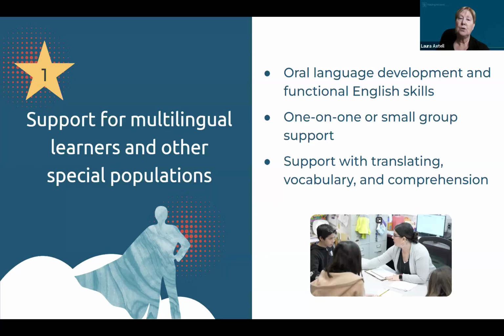One is just oral language development and functional English skills. A lot of times we do not have the time as teachers to really develop those oral language skills, and they're really important for these students. And that means sometimes we're just working with a small group to do basic kinds of language acquisition.